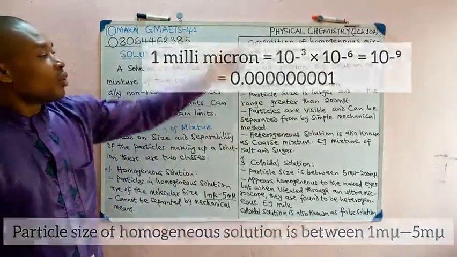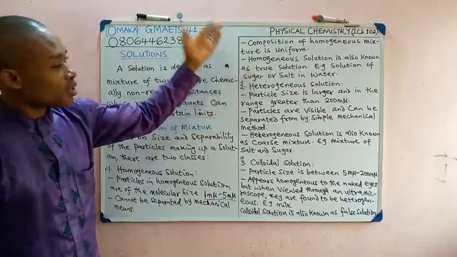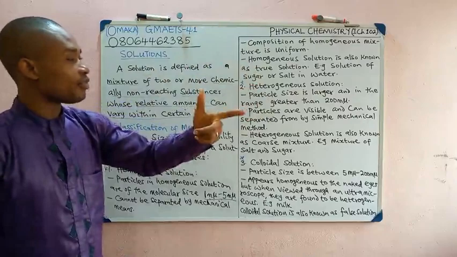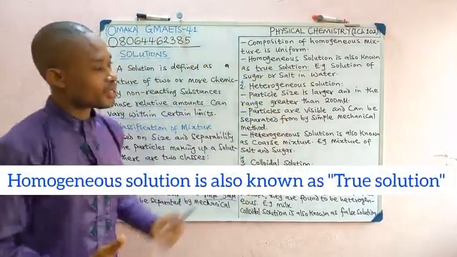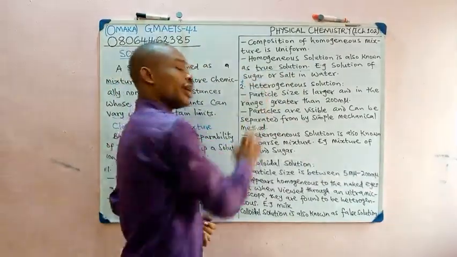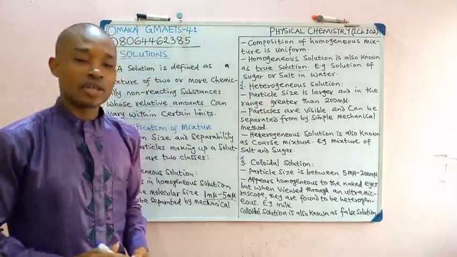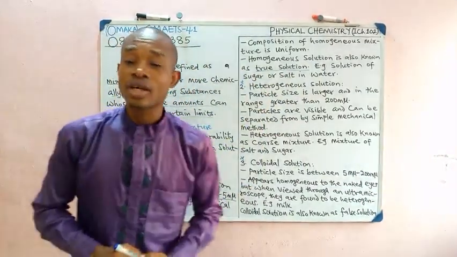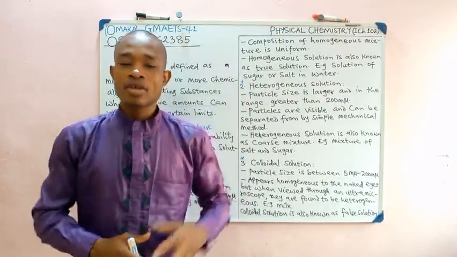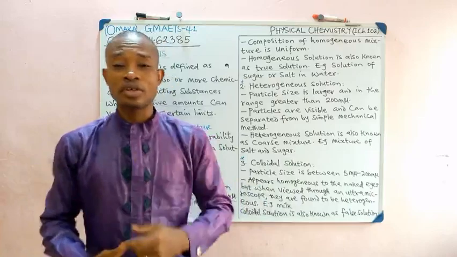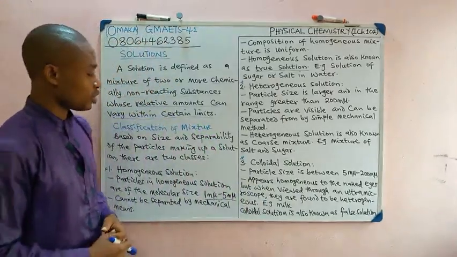Another name for homogeneous solution is true solution. An example of a homogeneous solution is a solution that contains a mixture of sugar or salt in water. Salt in water or sugar in water is an example of a homogeneous solution.